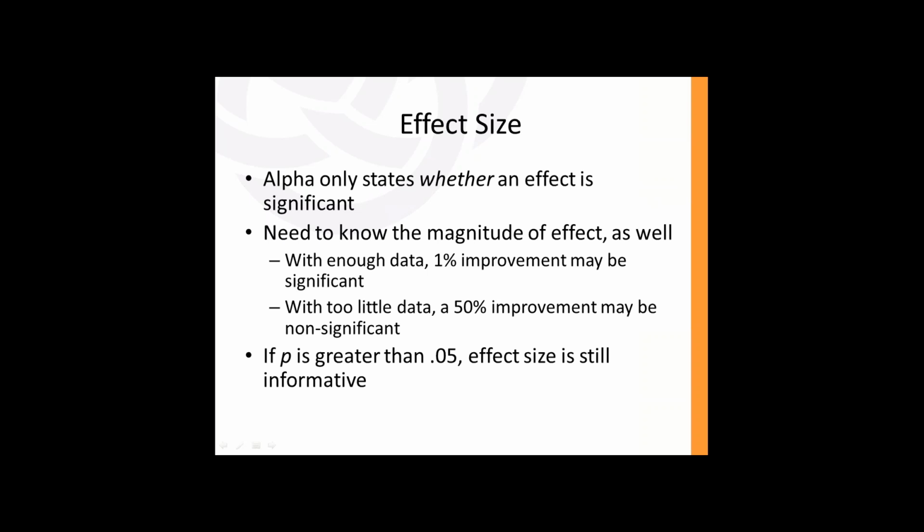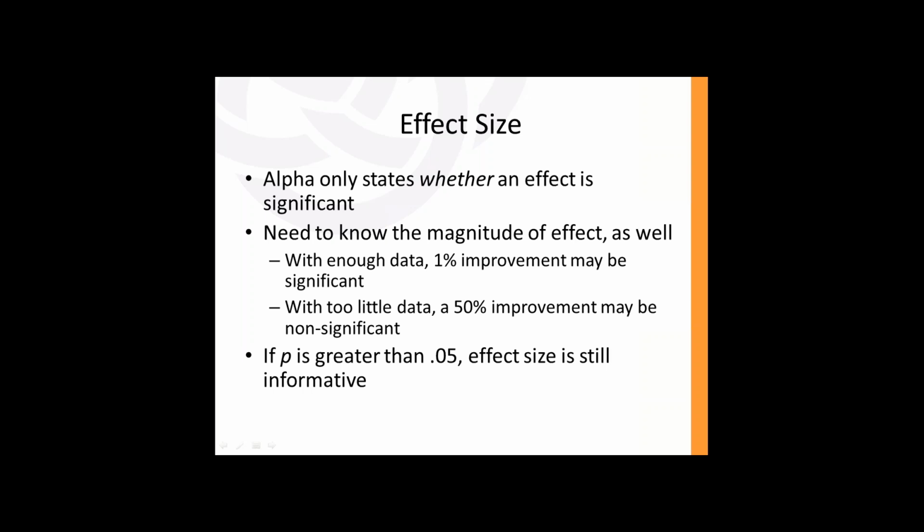The idea is that, and I'll get to this in more detail later, you want to establish what you're expecting by reading previous literature. But just to give you a broad strokes definition of effect size, it's a corollary of alpha, of that p-value, which tells you whether an effect is significant, right?